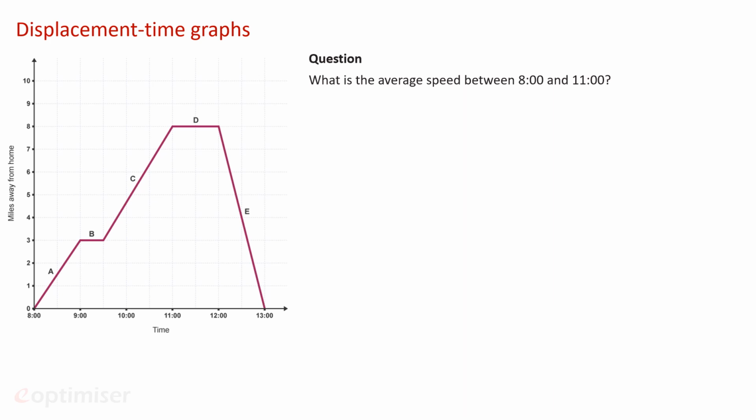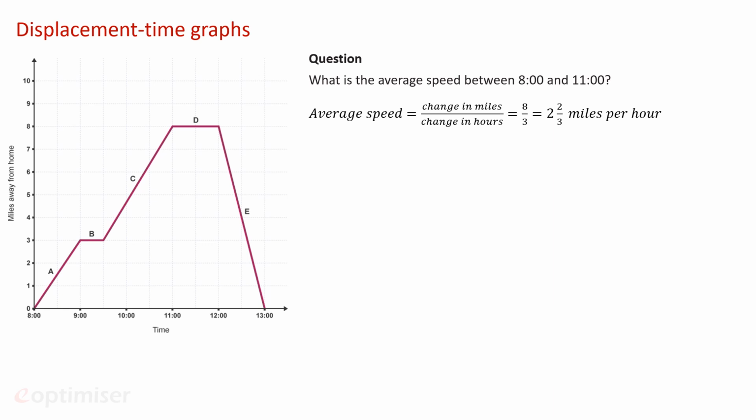Average speed is used because A and C have different gradients, so the speed is changing. To find the average speed, take the total change in y over the total change in x. You traveled 8 miles in 3 hours, from 8 o'clock to 11 o'clock. Therefore the average speed is 2 and 2/3 miles per hour.